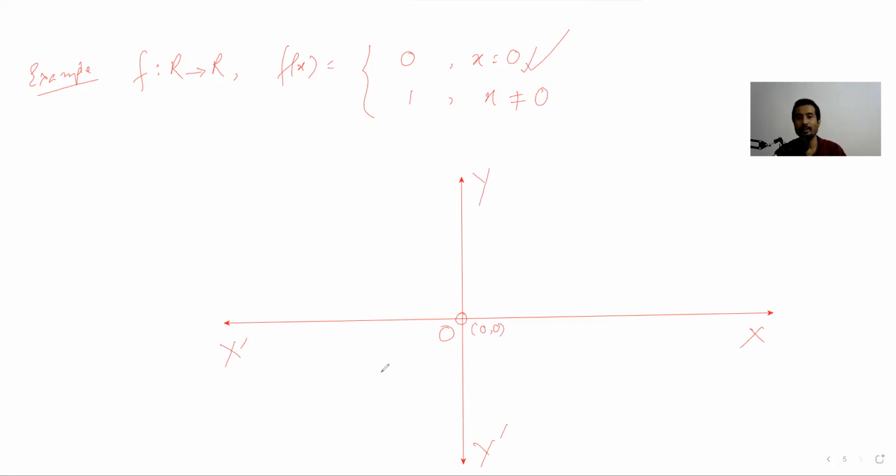And the remaining part, the second part: whenever x is not equal to 0, it has image 1. If it is positive, then the image is 1, and if it is negative, then also the image is 1. So I think you should try to get the graph yourself. I will draw the graph like this.